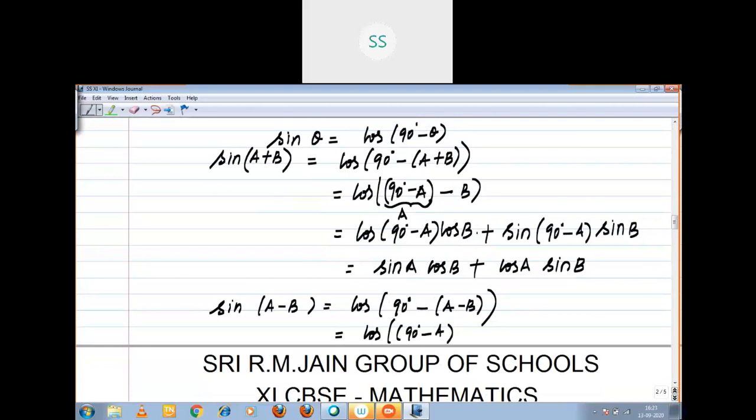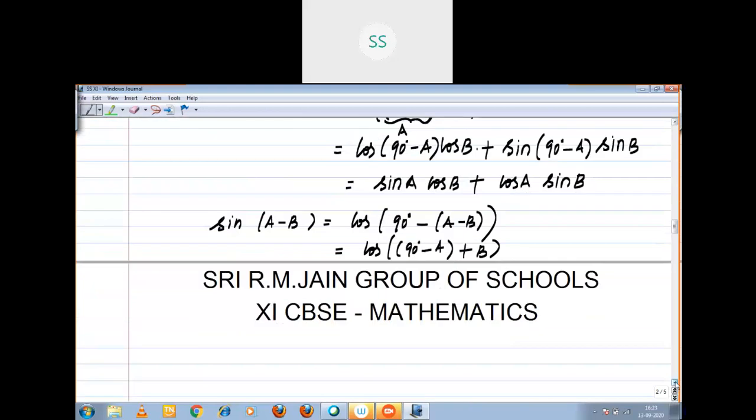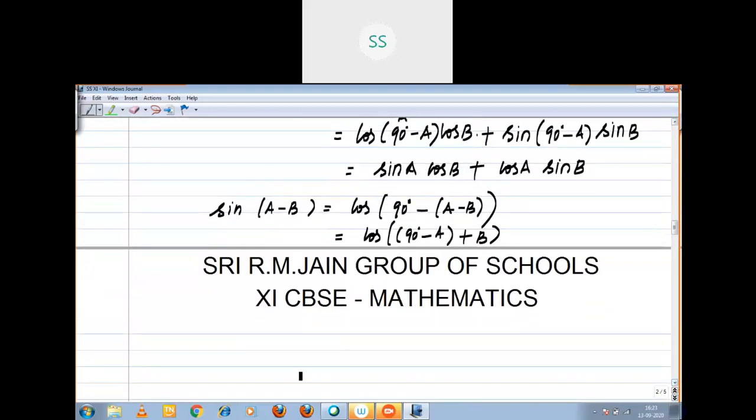Got it, children? The same thing I did in the previous one, I am following. Now, which is equal to cos of (90 minus A) plus B. Cos(A plus B) formula I'm going to use, right?